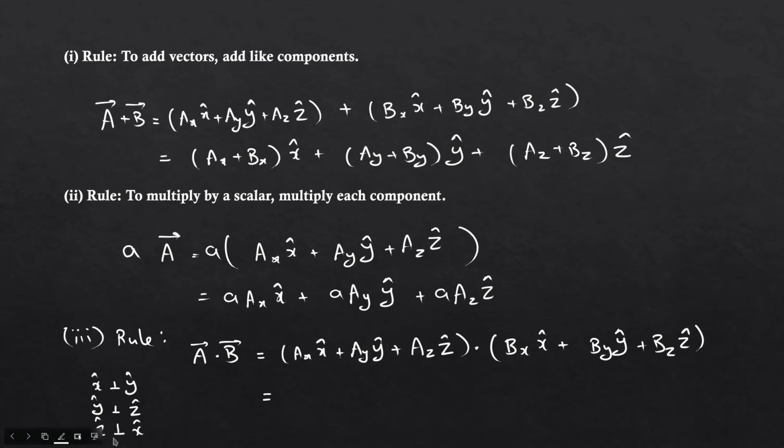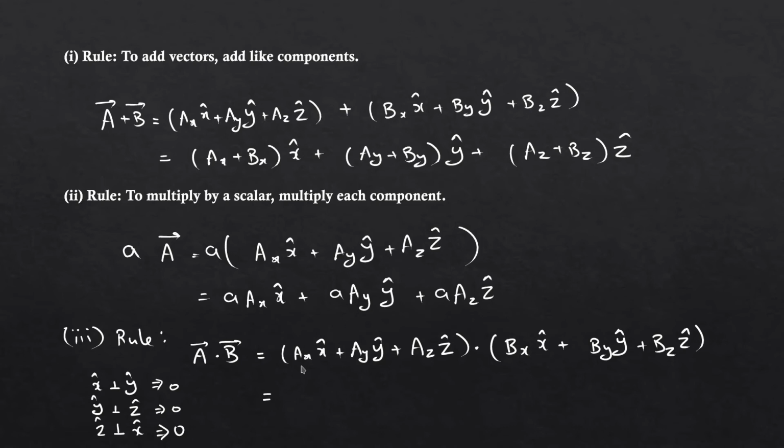So any dot product of them will be 0. So all those cross terms, like if you multiply ax x cap with bx y cap, that will be 0. If you multiply ax x cap with bz z cap, that will be 0.